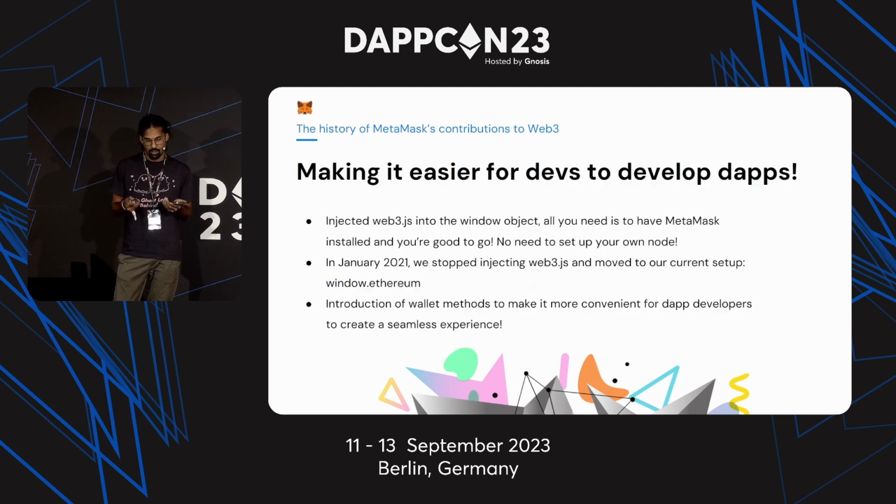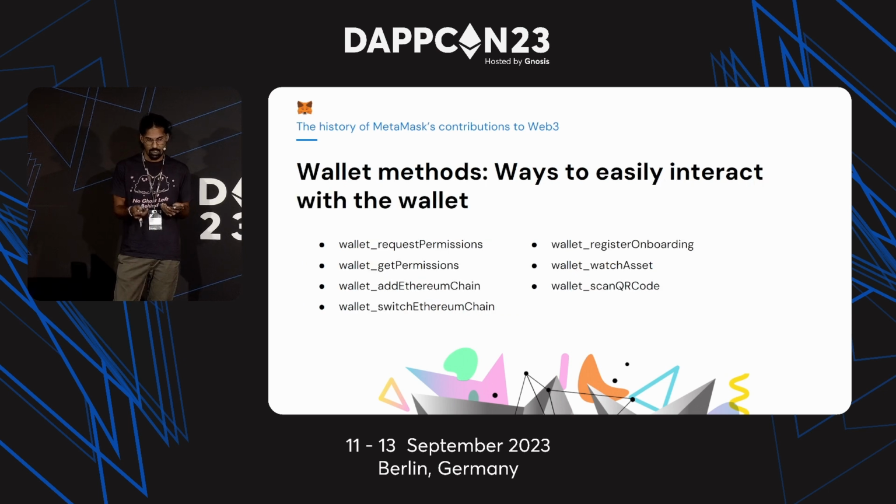And then moving forward, we introduced wallet methods that made it more convenient for dApp developers to create a seamless experience. So here's a list of the wallet methods that we have. We have wallet request permissions. That'll let you request permissions to ETH accounts. Wallet get permissions. It'll show you what permissions you have.